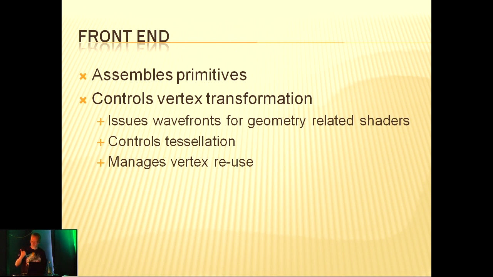Tessellation might be controlled by a different unit, it depends on where you group that unit, but I have it here. This unit also manages vertex reuse. It looks at which vertices have already been transformed and reuses them for future triangles.